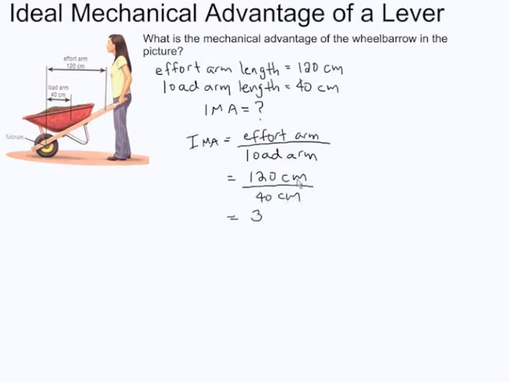We solve to give us 3. Because both are centimeters, the units divide out. And then, don't ever forget your final statement. The ideal mechanical advantage of the wheelbarrow is 3, which means the wheelbarrow makes our work 3 times easier.